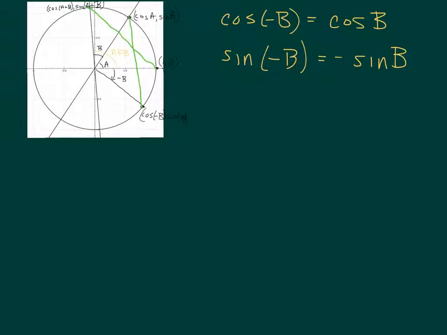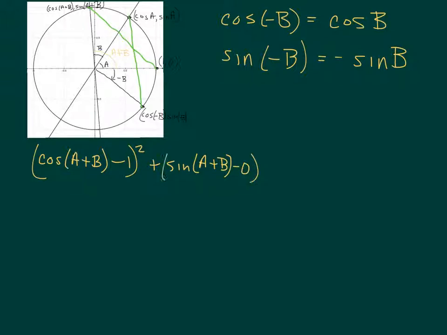So we will have the square root of cosine of A plus B minus 1, squared, plus the sine of A plus B minus 0, squared, and that is all under the square root radical.